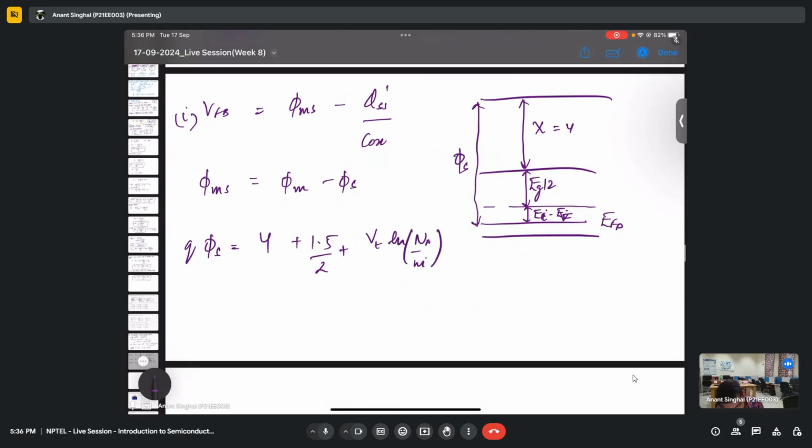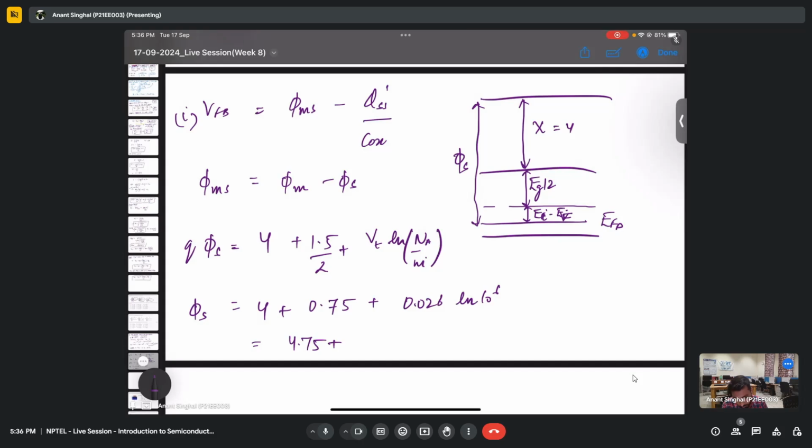So you need to calculate it. So phi_s will be some volts. This is 0.75 plus 0.026 ln. I've given n_i as 10 raised to 12 and N_A as 10 raised to 18, so 4.75 plus this thing. Has anyone calculated this? Okay, let me do it.